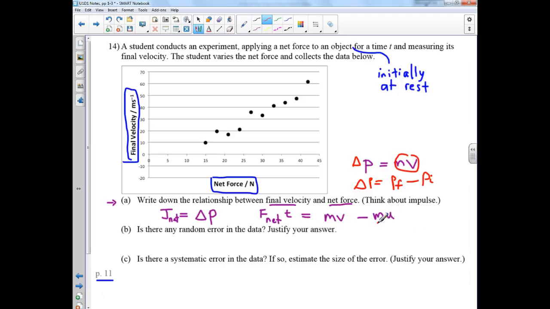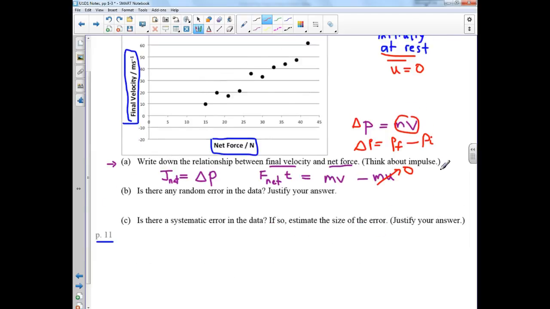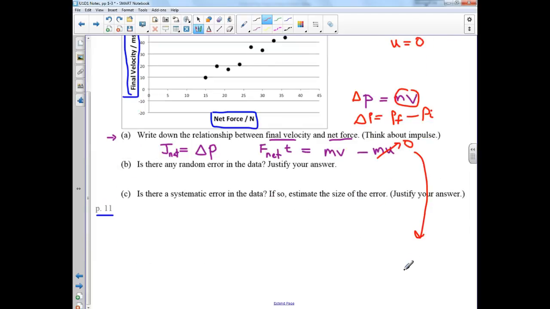Now they say the initial velocity, U, is 0. Initially at rest means U, the initial velocity, is 0. So this whole thing is 0, and now we have F net times t equals mv. So let me write this out down here below. F net, I'm going to divide both sides by t and say F net is m over t times the final velocity v.